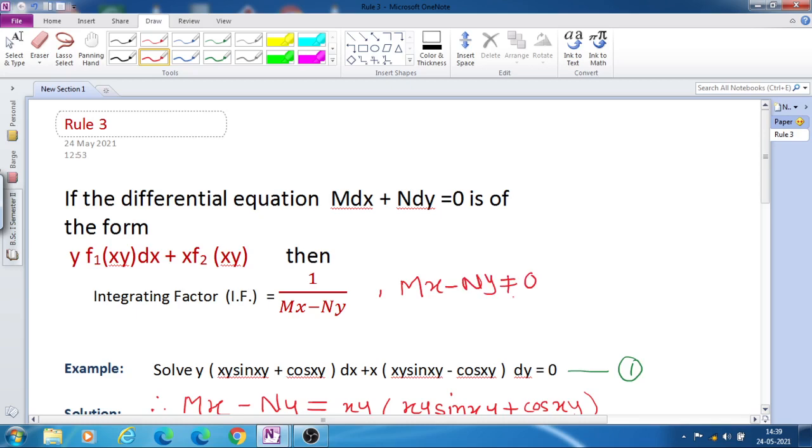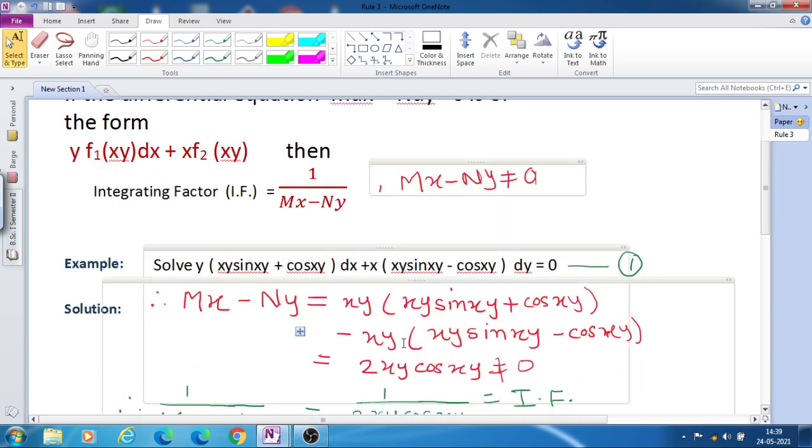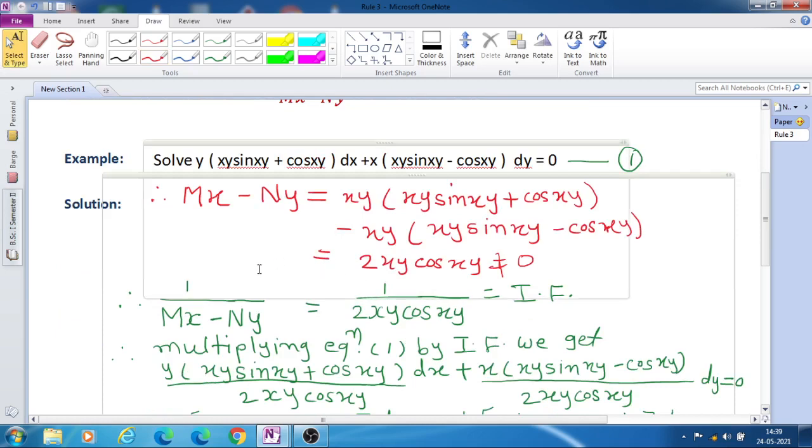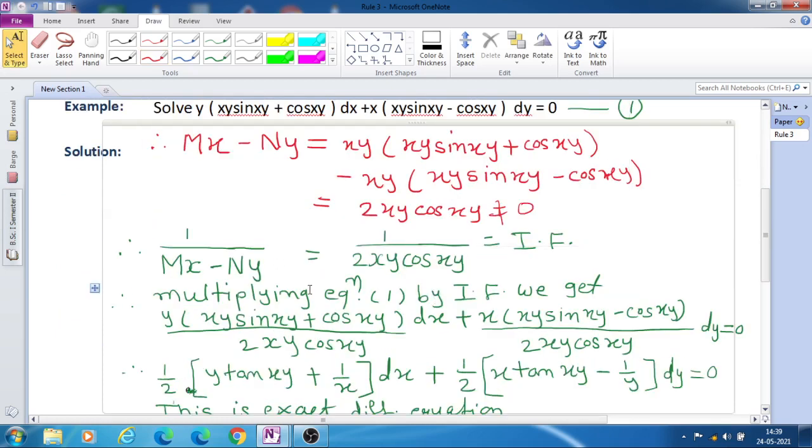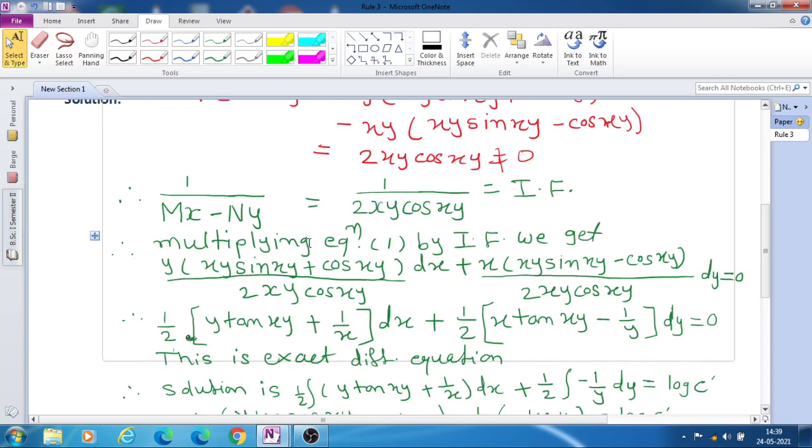If this is equal to 0, we cannot find the integrating factor. So Mx minus Ny is not equal to 0, and therefore 1 upon Mx minus Ny is equal to 1 upon 2xy cos xy, which is the integrating factor. So now we have found the integrating factor.